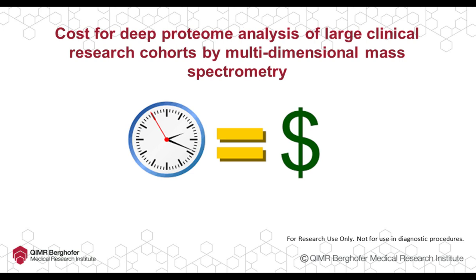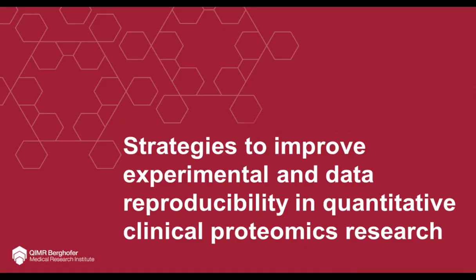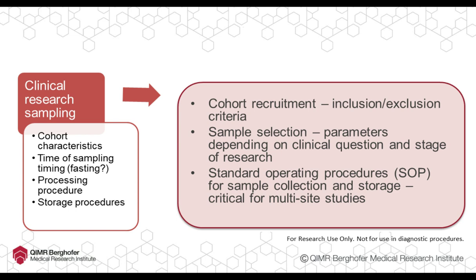So if we want very deep proteome coverage of large clinical research cohorts using, for example, multidimensional mass spectrometry with long run times, we really need a very large budget for our research study, which sometimes may not be available. So how can we perform our research study in a well-designed manner, still within reasonable budget?